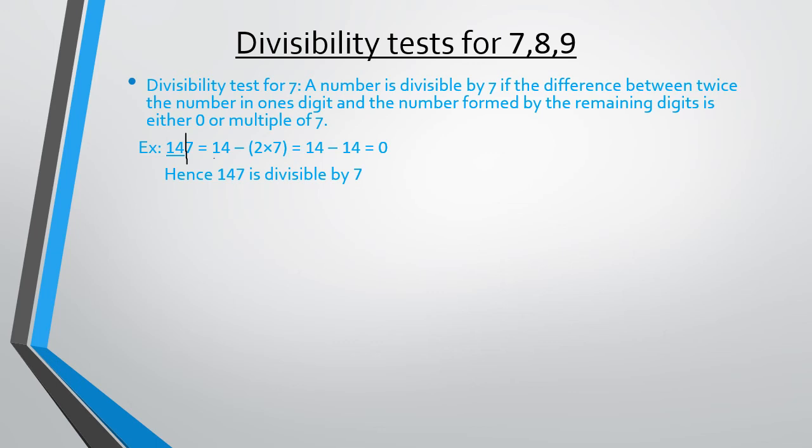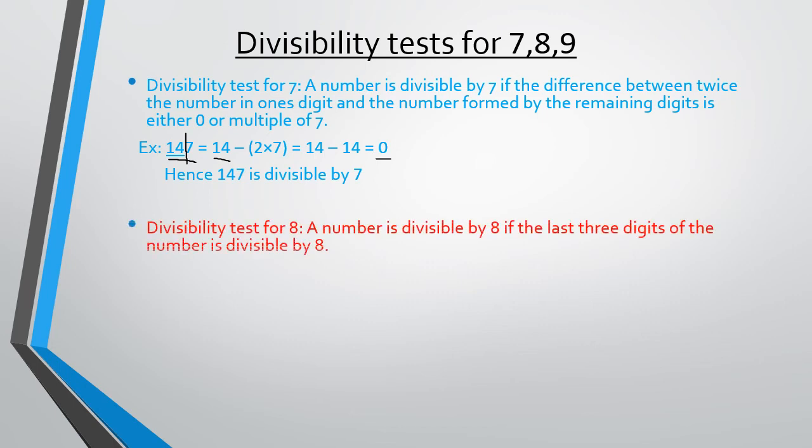So 14 comes here, minus twice the number in one's digit, that is 2 times 7, which equals 14. 14 minus 14, and the answer is 0. And that's the condition, right? When we do all this and our answer is either 0 or a multiple of 7, then the number which is given to check is divisible by 7.